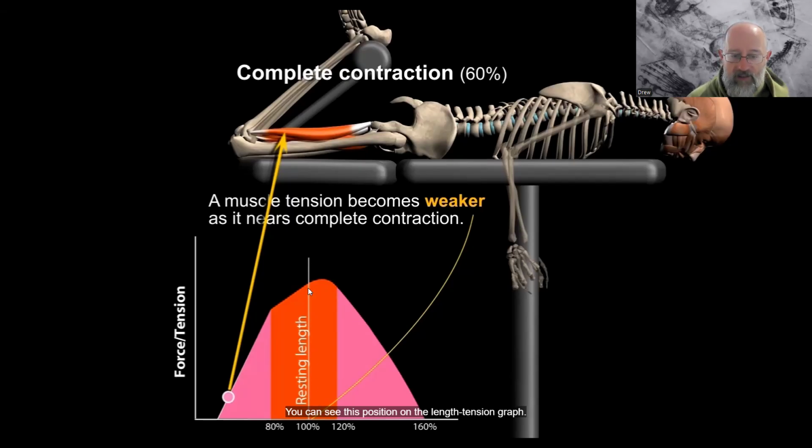Okay, but then as the muscle contracts or shortens, it has less ability to generate force. And then at the other end, the more it lengthens, it has less ability to generate force. So the longer the muscle is going to be, that's going to be more moving towards passive insufficiency, and the shorter the muscle is, it's going to be moving more into active insufficiency.